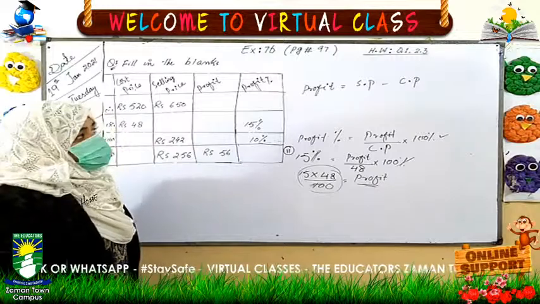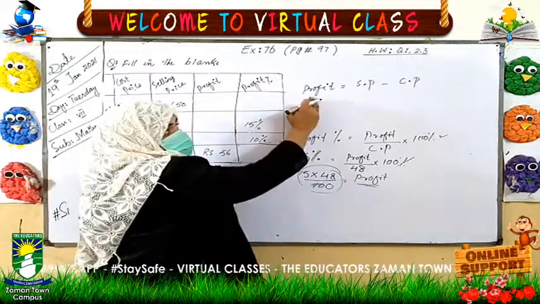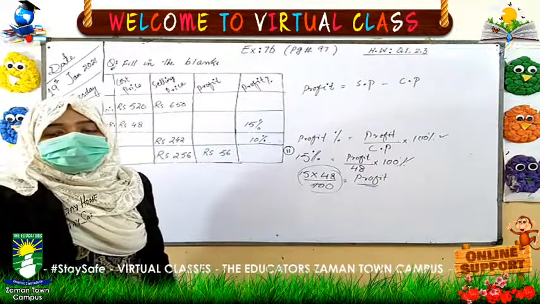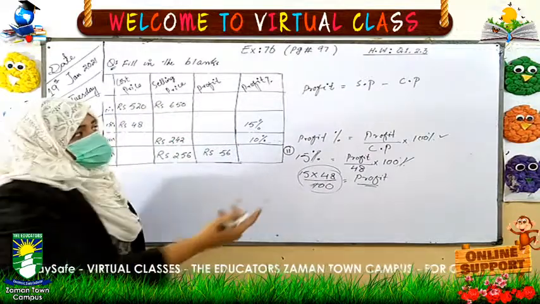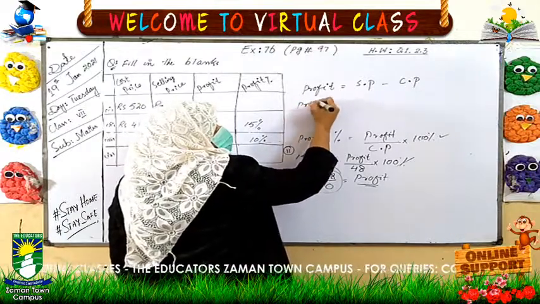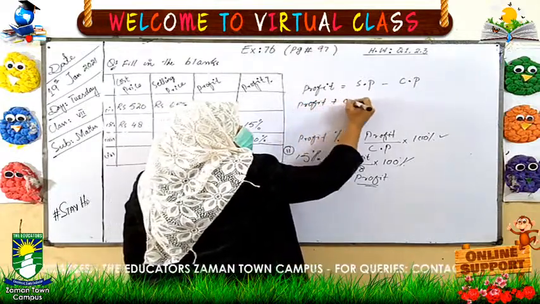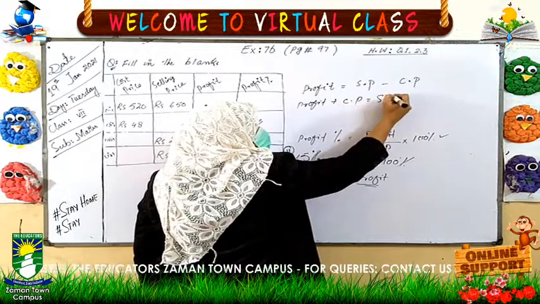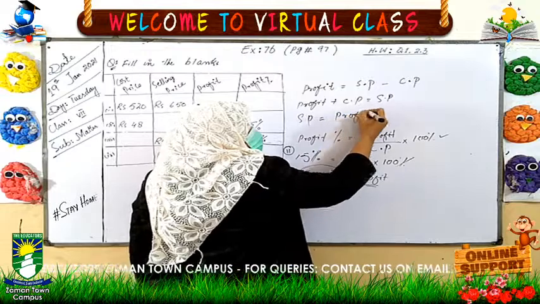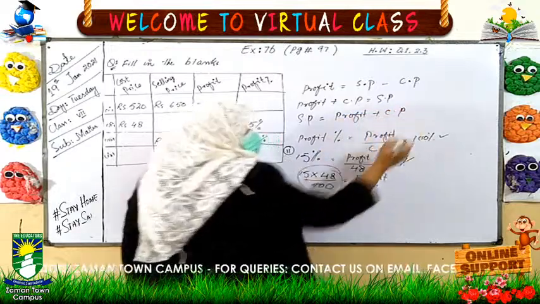After finding the value of profit, you will place your values of profit and cost price here, and then you will find your value of selling price. Or in short, you can say that minus the cost price, when it comes here, will change into plus cost price. Or in other words, selling price is equal to profit plus cost price.